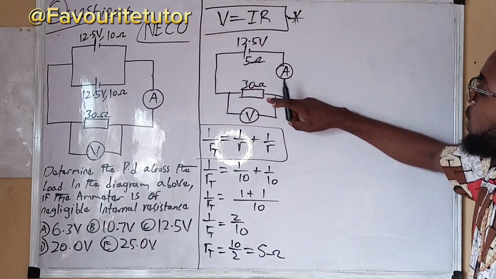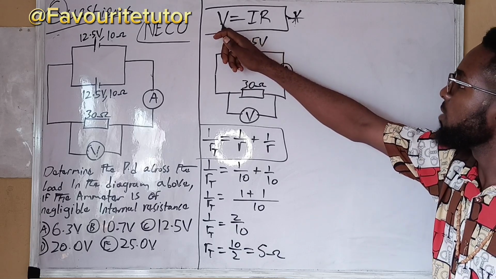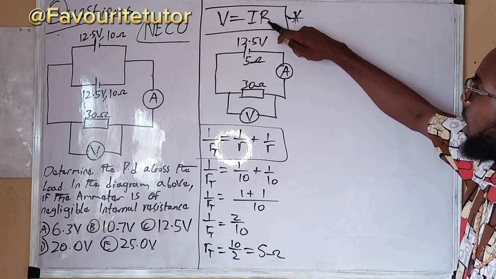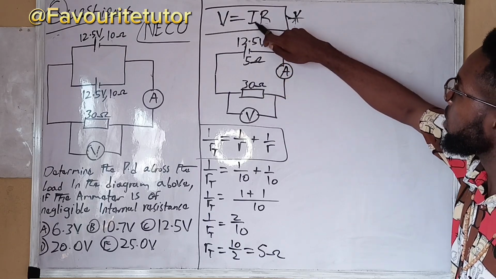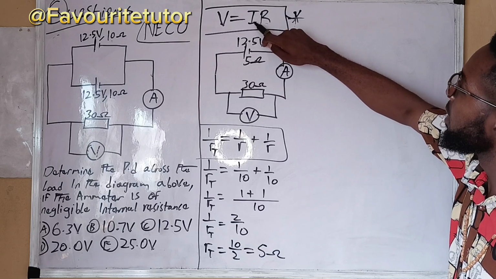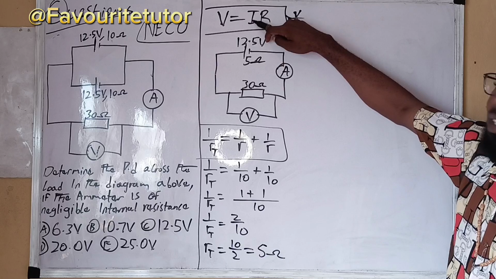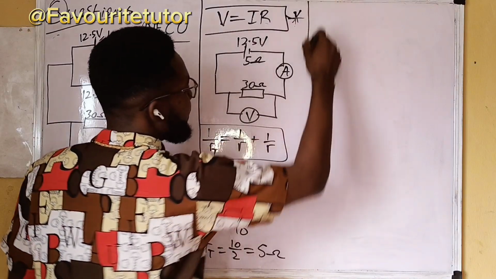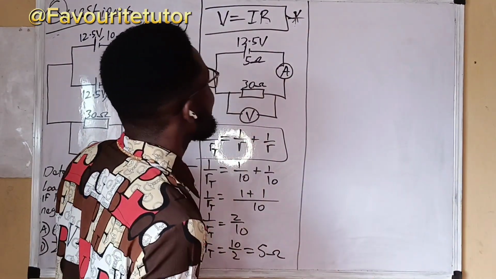All right, we are looking for the potential difference. Potential difference is V equals IR. We have the resistance, which is 30, but we don't have the current. So we look for the current. Now, how do we get the current?